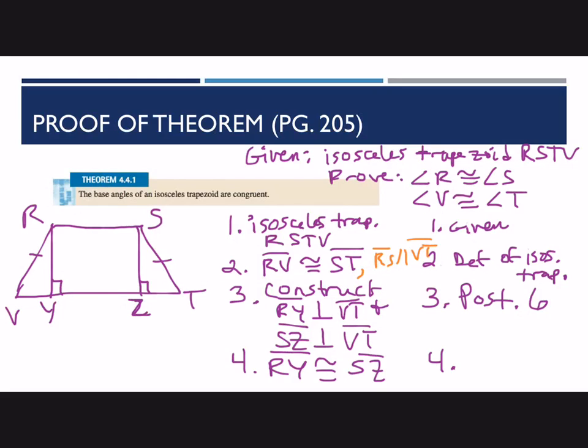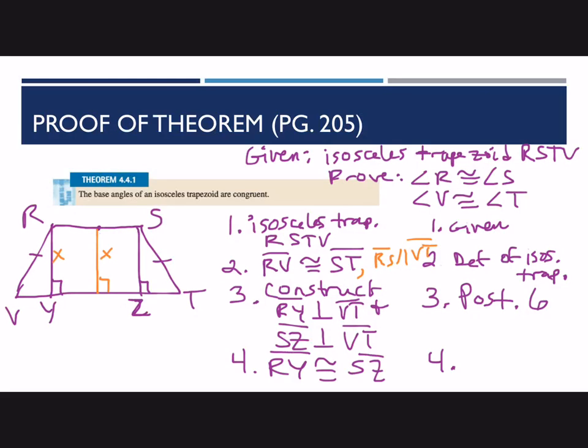Okay, so they're everywhere equidistant, meaning if I were to connect any point on RS down to VT in a perpendicular manner, then the length of that line segment would match.